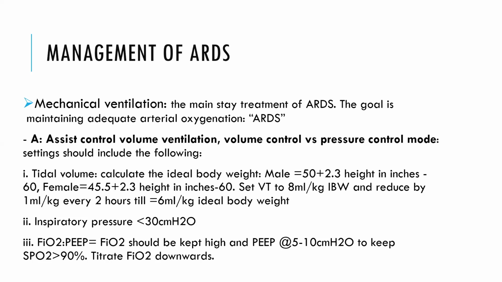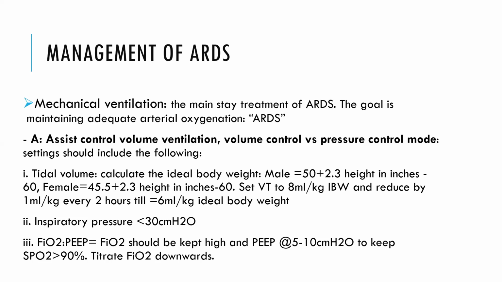The next slides will show you the relationship between your FiO2 and your PEEP. But FiO2 should be kept high initially to ensure you have SpO2 greater than 90, and you want to introduce PEEP from anything above 5. Don't forget that PEEP of 5 is normal for everybody, so any requirement of PEEP greater than 5 is diagnostic of ARDS.